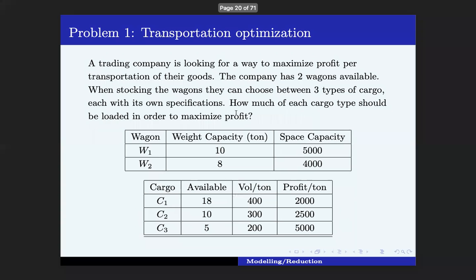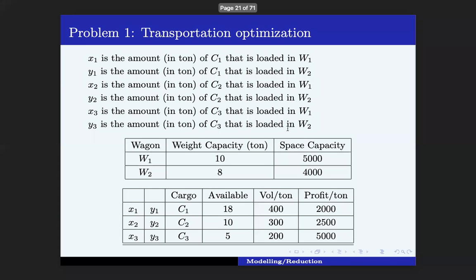I have shortened my problem: initially there were three wagons, if I'm not wrong, but I've shortened it for simplicity of explanation. Right now I have just 2 wagons and 3 cargos, but you'll understand the whole idea.